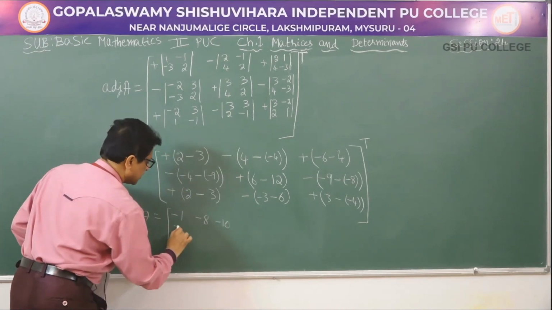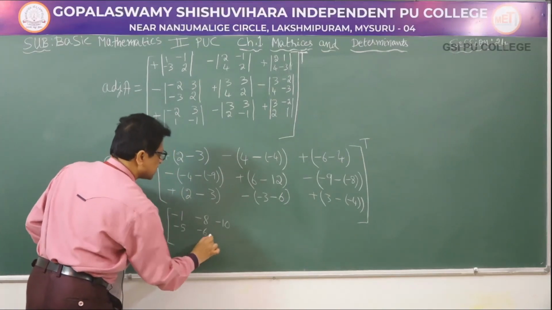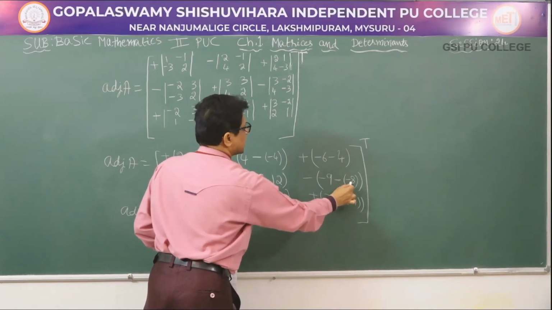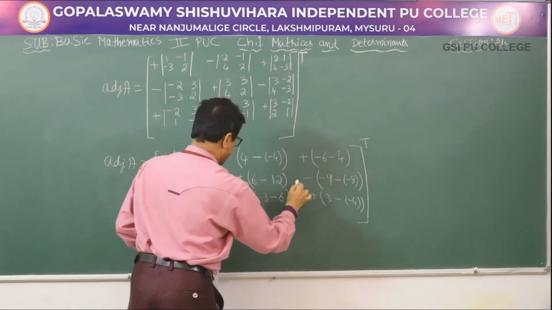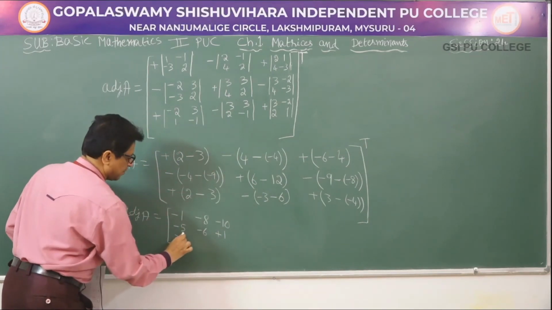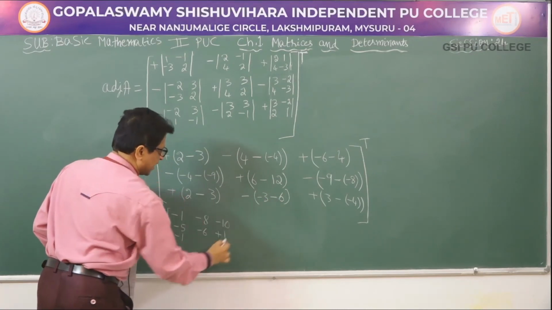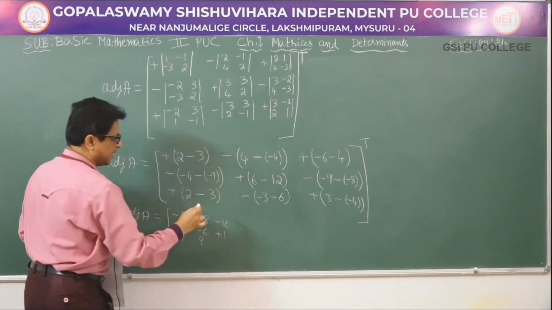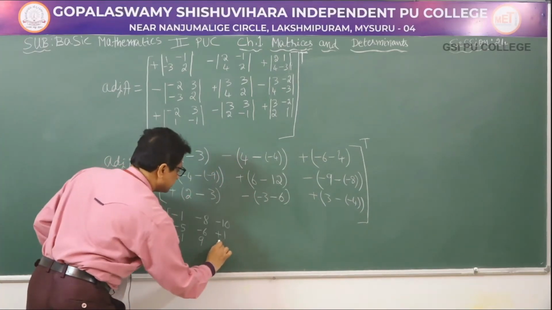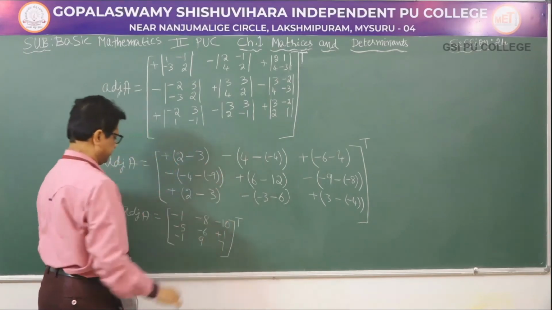So finally it is minus 5, 6 minus 12 minus 6, minus into minus plus minus 9 plus 8, minus 1, into minus plus 1, 2 minus 3 minus 1, minus 3 minus 6 minus 9, minus into minus 9 is plus 9, minus into minus plus 3 plus 4, 7, and we have to put T.